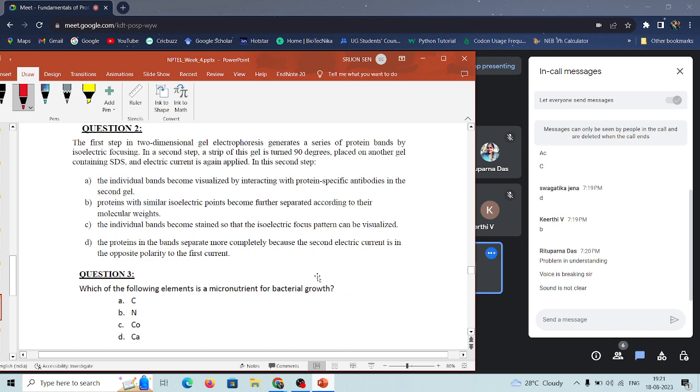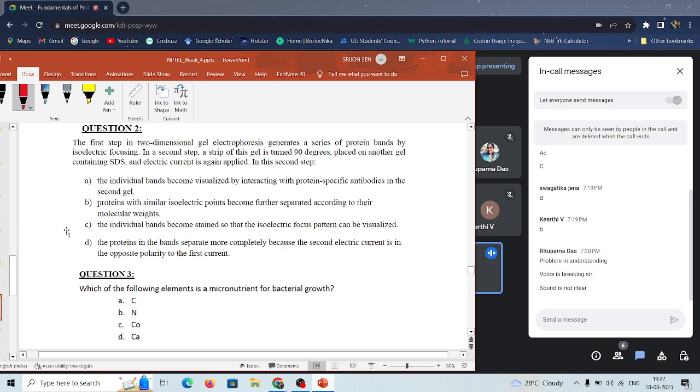You are not applying any antibodies, which occurs in the case of Western blotting, Southern blotting or Northern blotting; those are different. Antibody treatment is not done here. You do not want to stain after the isoelectric focusing to visualize it, and also the current is not in the complementary direction.